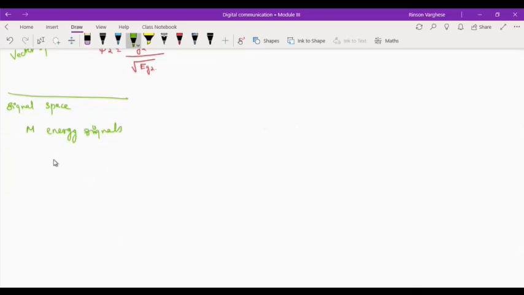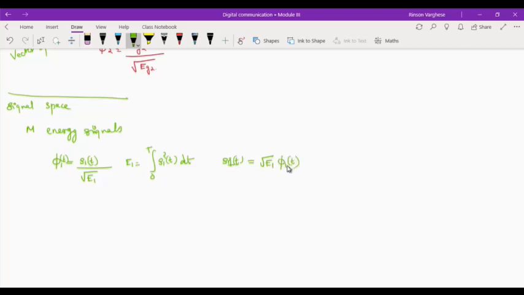The first basis is found by arbitrarily choosing any of the signals. Here I have chosen S1 of t, divided by its energy E1, where E1 is the integral from 0 to T of s1 square t dt. Now s1 of t is equal to root E1 phi 1 of t.